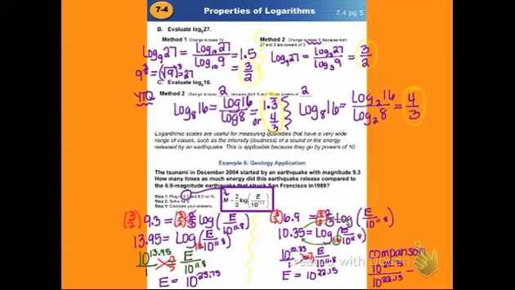Of course we'd have to use our calculator to do that, which turns out to be about 3,981, or about 4,000 times more energy emitted from the 9.3 magnitude than the 6.9.